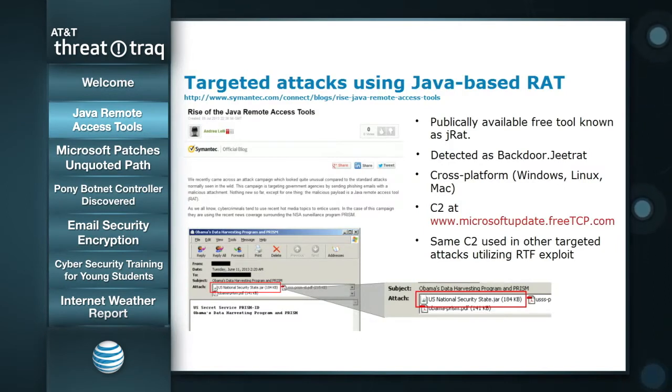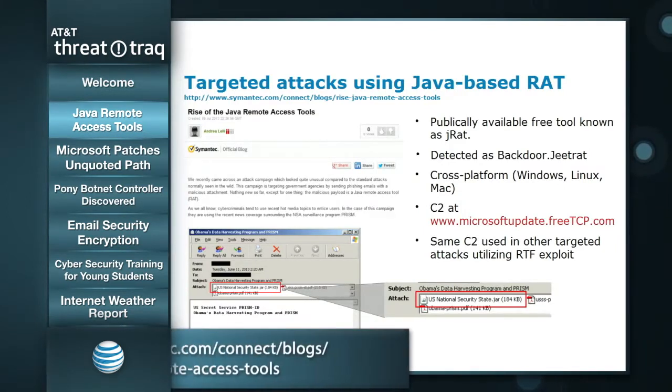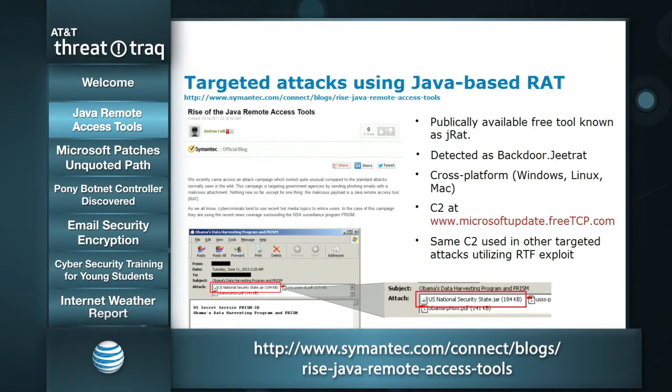And usually those have maybe a Word document or an Excel spreadsheet as a malicious, weaponized type of payload. Sometimes they'll just do an executable or a zip file inside the email as well, or a link inside the email. Well, recently we've been seeing a trend, people using a publicly available Java-based RAT.